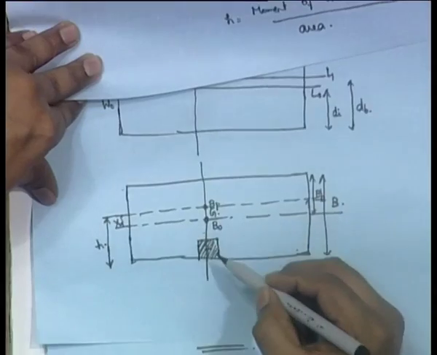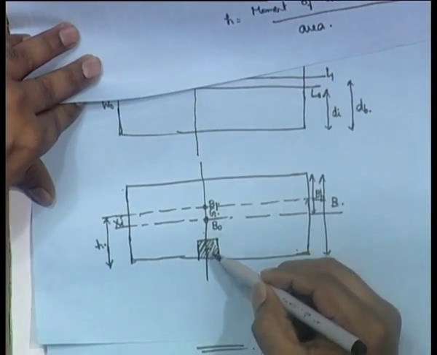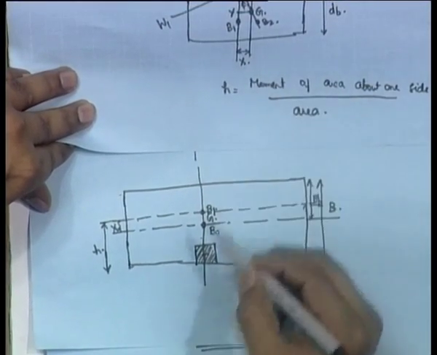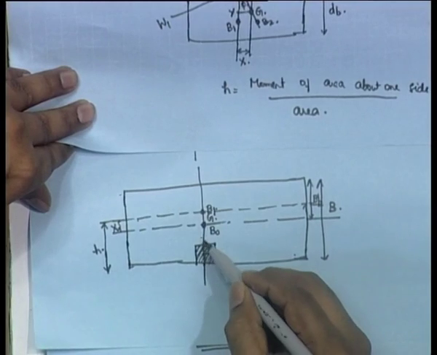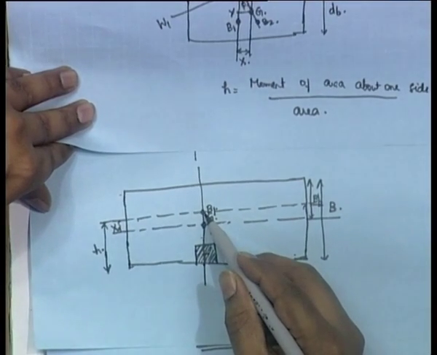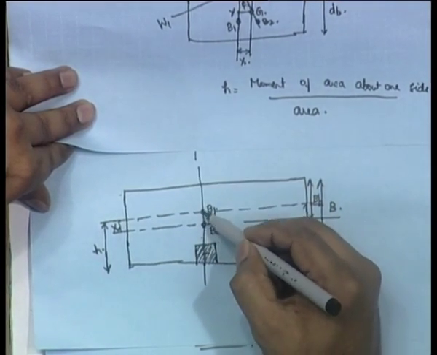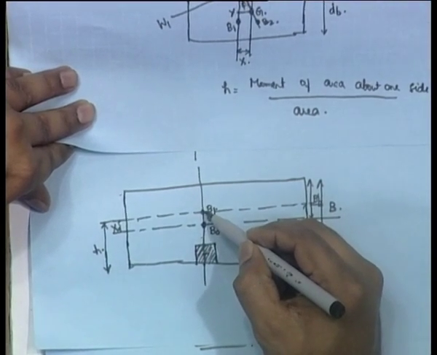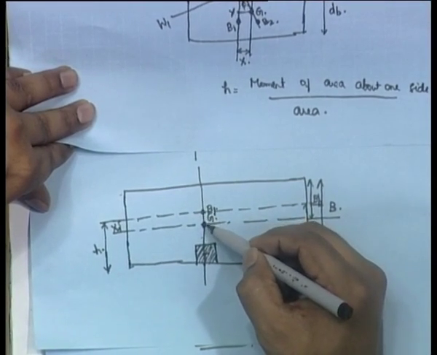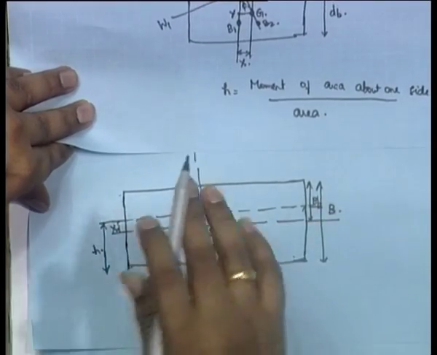That is, see this distance h is this distance, and it is the distance between this edge, in this figure it will be here, and B1, which is the center of buoyancy after the bilge condition, and this is your G. Note that G and B won't be on the same vertical level, they might be different.